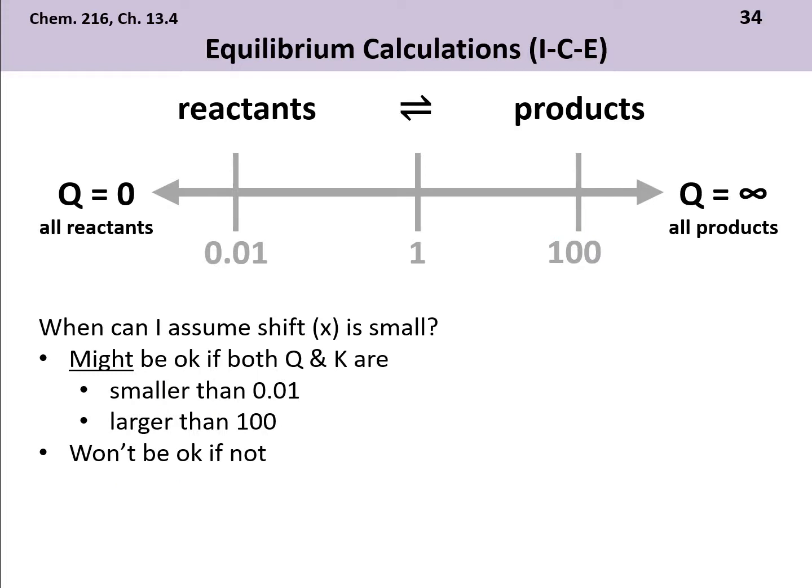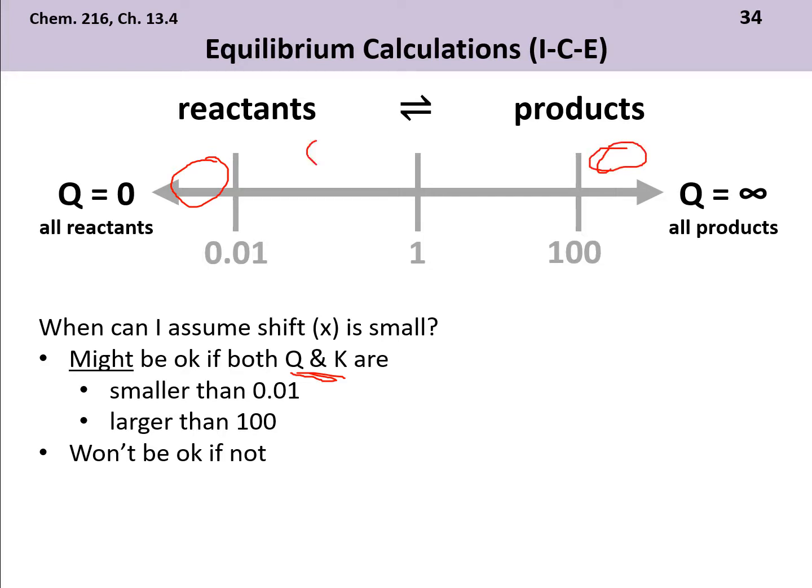All right. How do I know if X is small? Well, there are no rules. If you look it up online, they'll tell you about the 100 rule or the 1,000 rule. There are no rules. But we can say that typically we can use this assumption that X is small if both Q and K are smaller than 0.01, or if both Q and K are larger than 100.